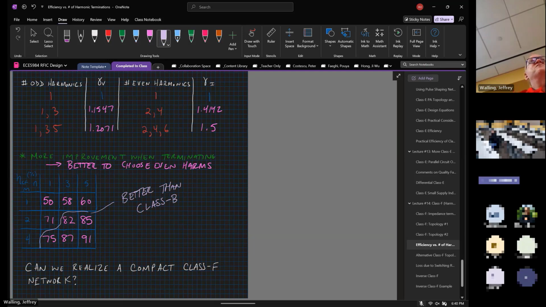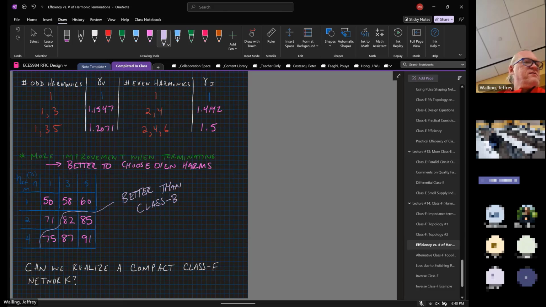I would argue that a class F amplifier is not a linear amplifier. If you go back to the original Matthews paper, they do indicate that you can soft switch the devices, so I don't have to hard switch them between 0 and VDD, and you still get good performance. But I still argue that it prefers a nonlinear waveform for operation, not a nice linear sine wave driving it.